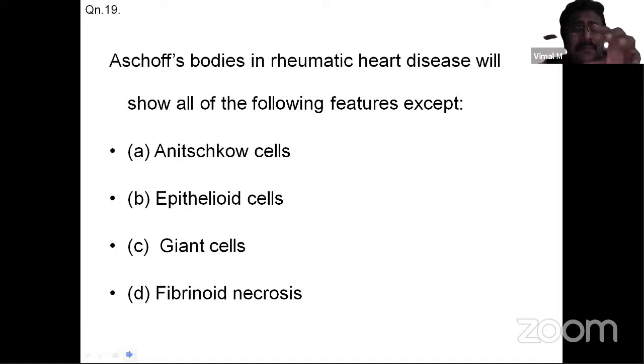The antibodies produced against a bacteria, here group A beta hemolytic streptococcus, will be cross-reacting with the antigens in the myocardium, joint, brain, skin, and subcutaneous tissue. It is because these regions share antigens like those of a streptococcus. So the antibodies are cross-reacting with these antigens.